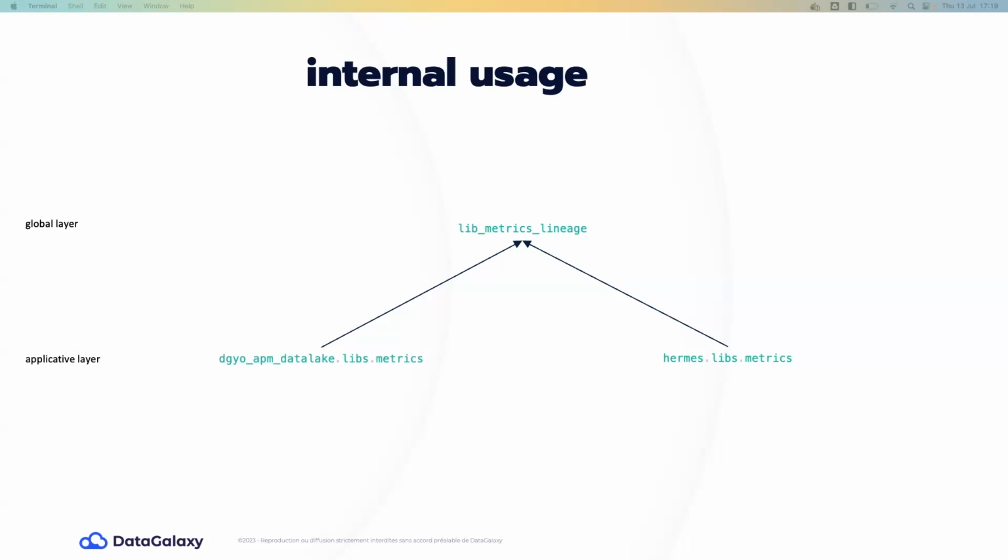In order to simplify how they work, we made some abstractions for them. So we have a global layer, which I'm going to show you, that abstracts the OpenLineage library for all the company. And we have another abstraction for the applicative layers that we built, the one for observability and the one for the data centralization part.